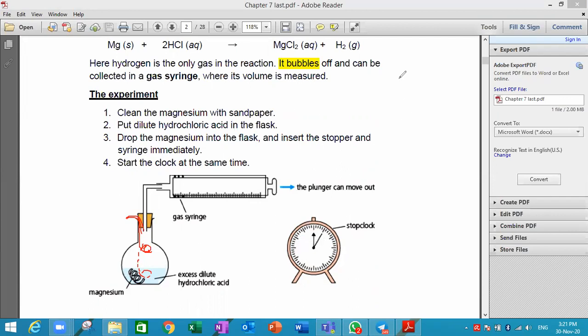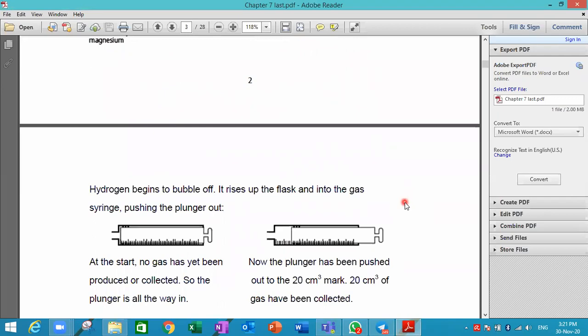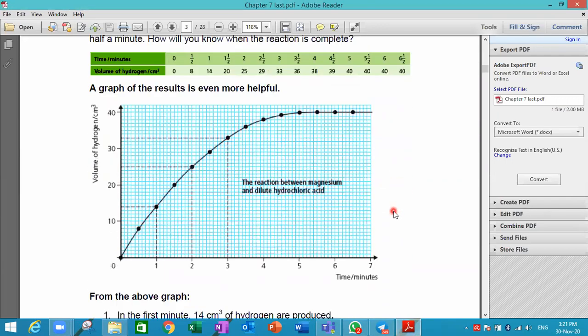Okay, now as we've seen, we've added magnesium as the limiting reactant, and HCl was in excess. So when all the magnesium reacted, no more hydrogen gas will be obtained.